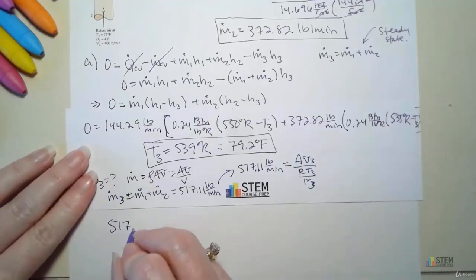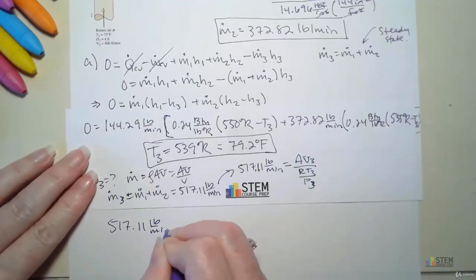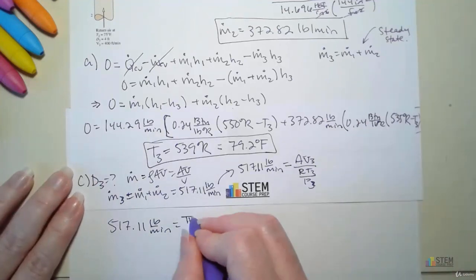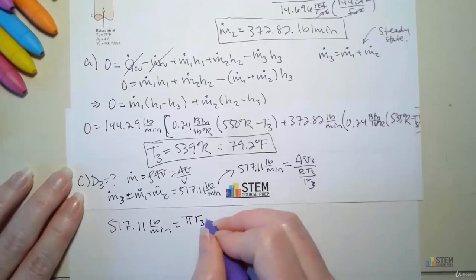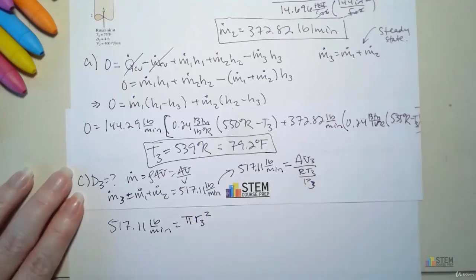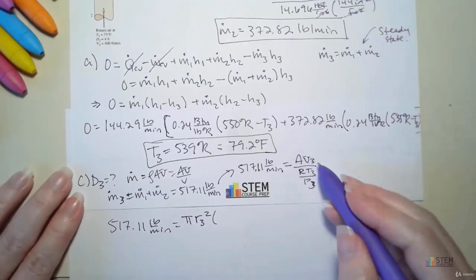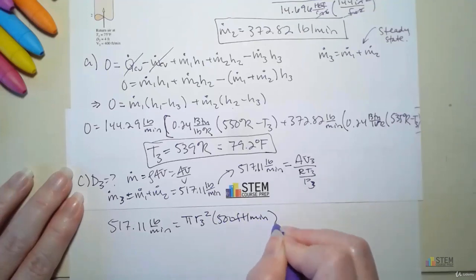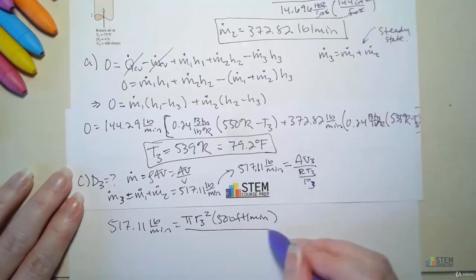So we'll have 517.11. And then that's going to be the area. We're going to have pi r squared, r3 squared. And then we multiply that by the velocity. We were given the velocity as 500 feet per minute. So that'll be useful. And then you're going to have to put it over RT3 over P3.